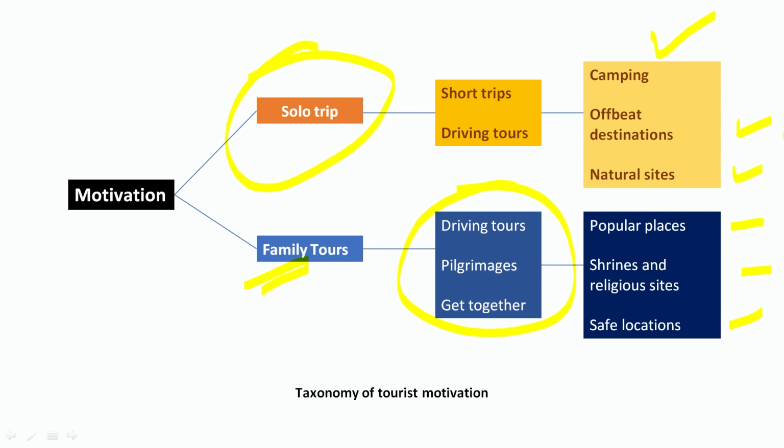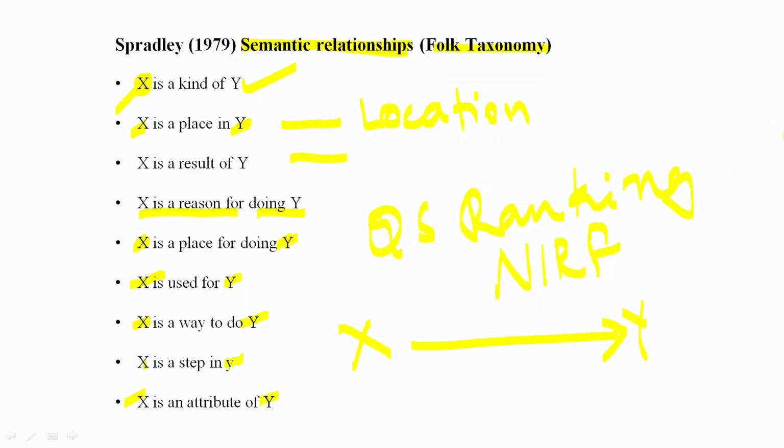So, let us again look back at the relationship, motivation, and the second one is the type of tour. The type of tour here is solo trip or family trip. And second, the locations, safe locations, renowned shrines or popular tourist attractions.